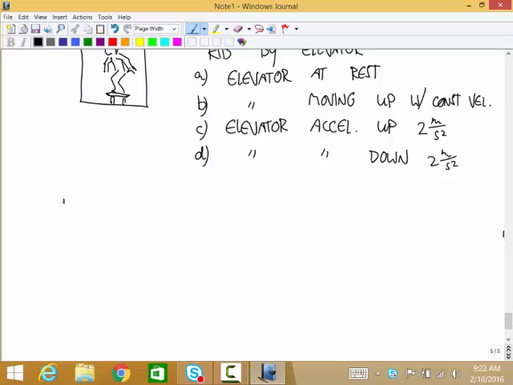Okay, so I'm going to start with a free body diagram of the kid. It's going to show all the forces acting on the kid. Well, it's actually the kid-skateboard complex. So what forces are acting on the kid? Yep, so that's 20g acting down.